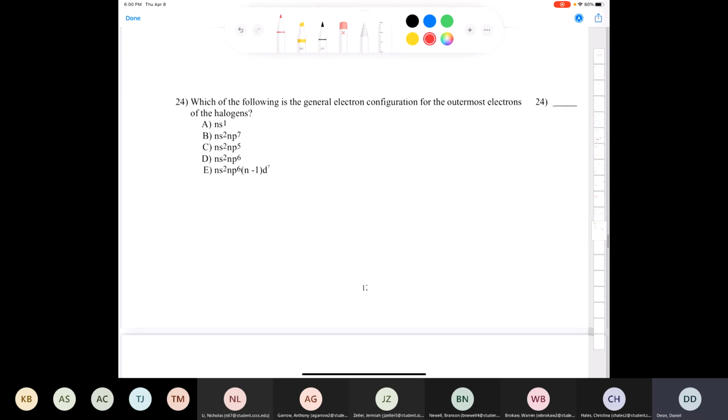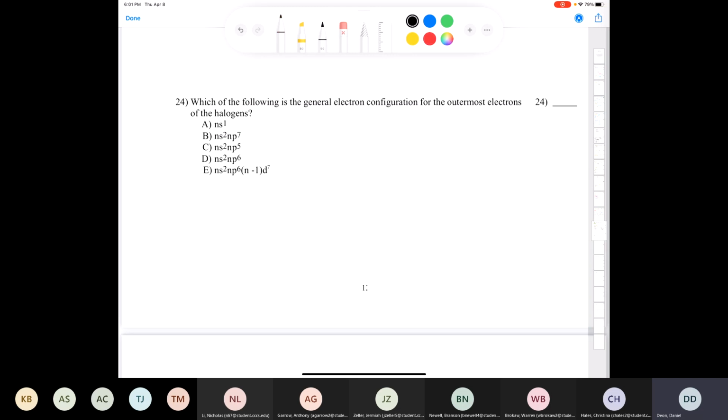Question number 24. Which of the following is the general electron configuration for the outermost electrons of the halogens? Halogens being helium, neon, argon, krypton, xenon, and radon. You can't just use helium for this one because helium only has s electrons available to it, but there's no answer that fits helium anyway. If you look at neon, for example, again, we're just using neon as an example.